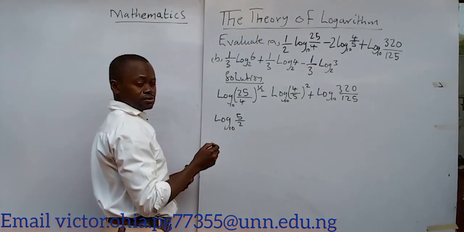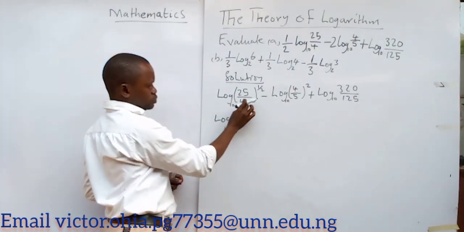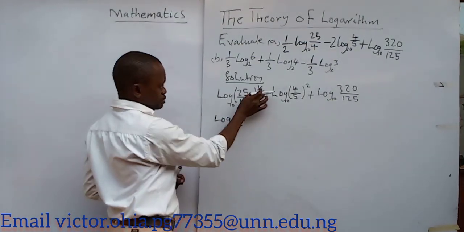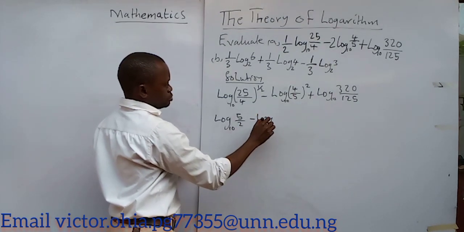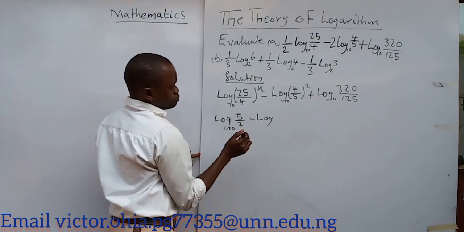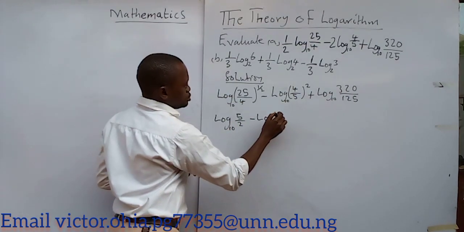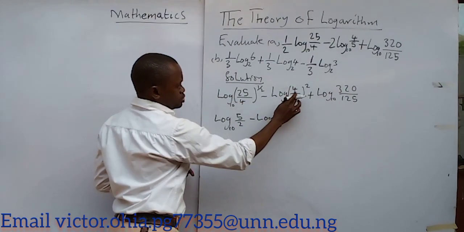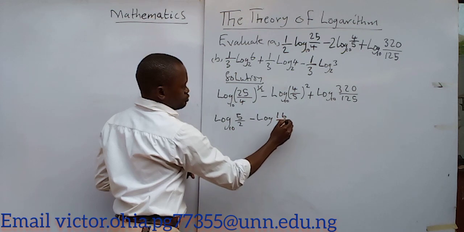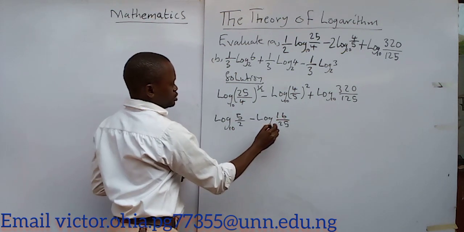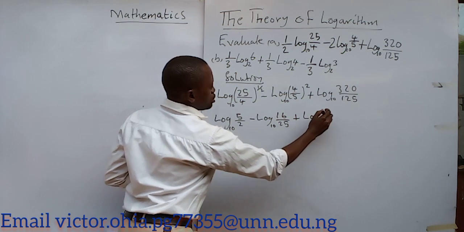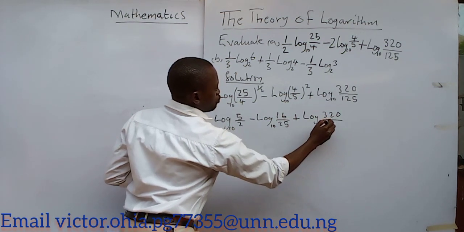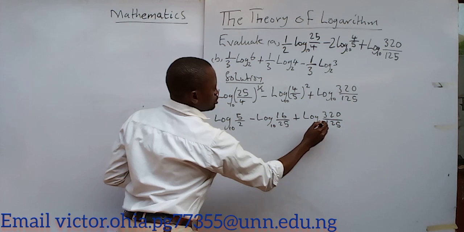Then minus log of 16 over 25 in base 10, since 4 squared is 16, then plus log 320 over 125 in base 10.